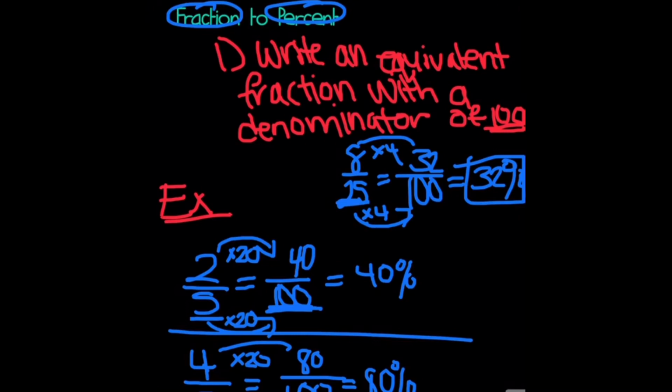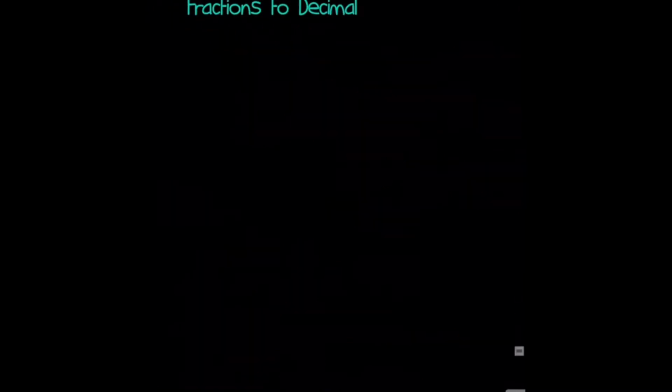Now, let's do fractions to decimals. So when we're doing this, first let me give you an example. So your first example is changing 9/25 into a decimal. If you remember, we're actually going to be using long division to help us.